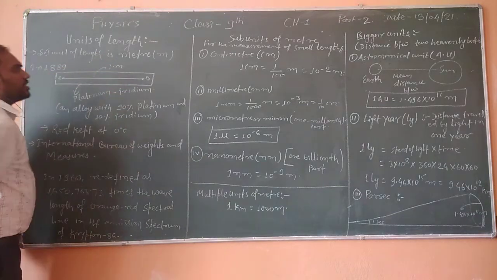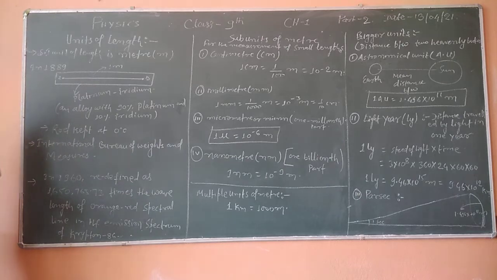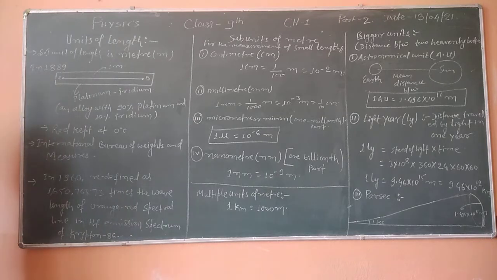The SI unit of length is the meter. We already studied the standard SI unit system. The SI unit of length is the meter, the standard or fundamental unit of length.